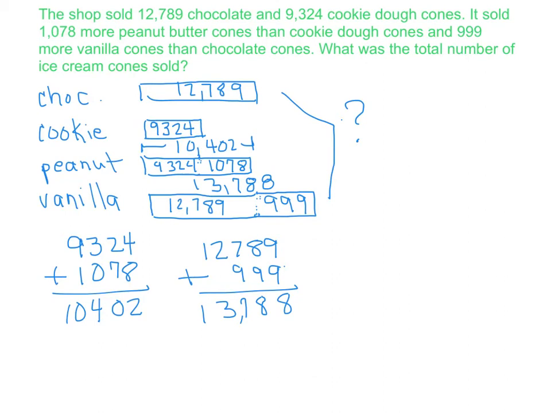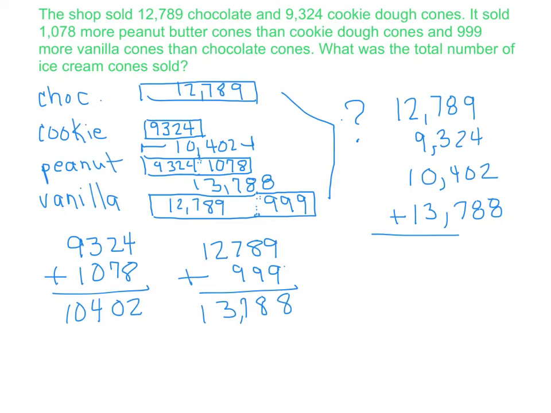So it was 12,789 chocolate, 9,324 cookie dough, the 10,402 peanut butter, and the 13,788 vanilla.